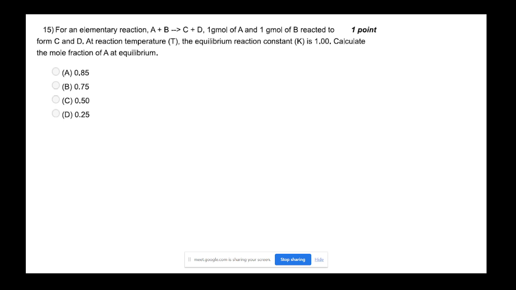Next question is, for an elementary reaction A plus B gives C plus D, 1 gram mole of A and 1 gram mole of B reacted to give C and D at equilibrium. At reaction temperature T, equilibrium reaction constant is 1. Calculate the mole fraction of A at equilibrium. So how do we write equilibrium constant K?